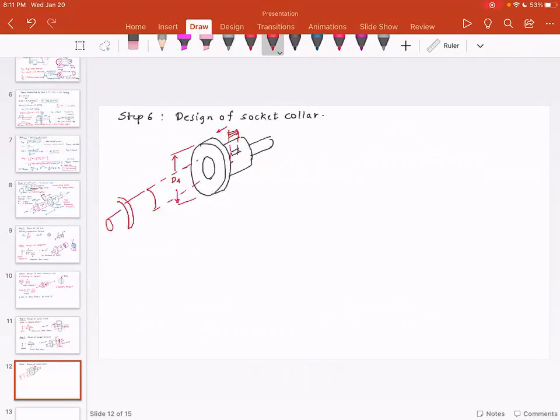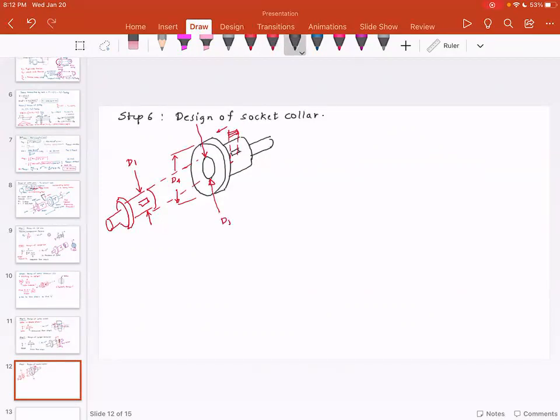So this is Spigot. So this dimension, it's same as the Spigot diameter here, which is D1, same dimension D1.